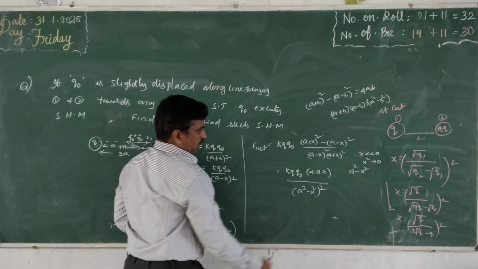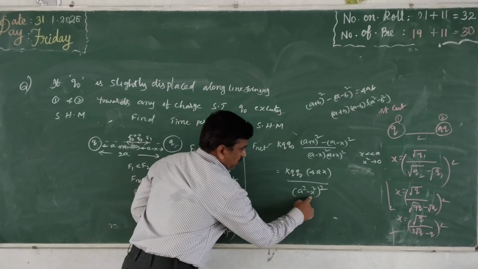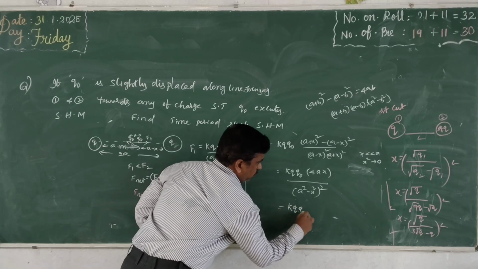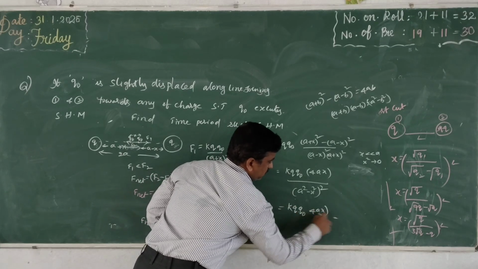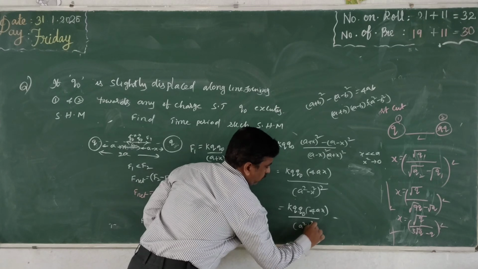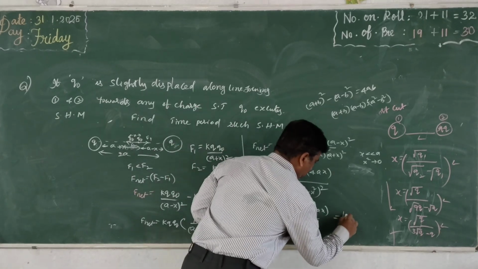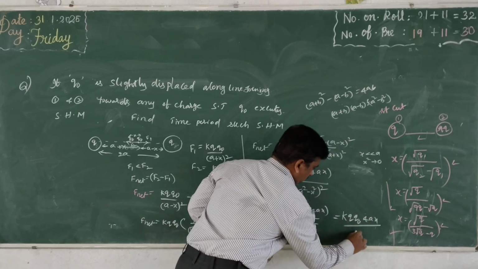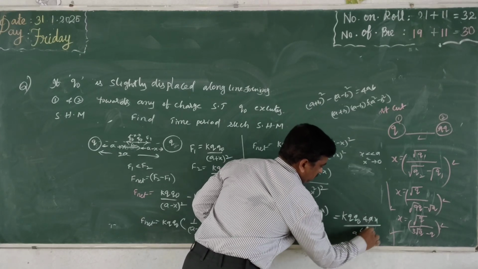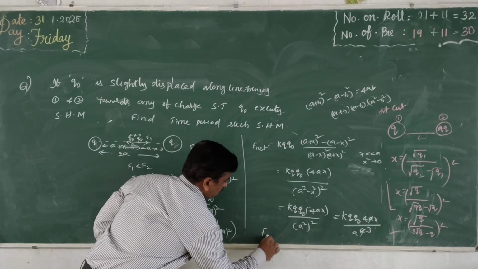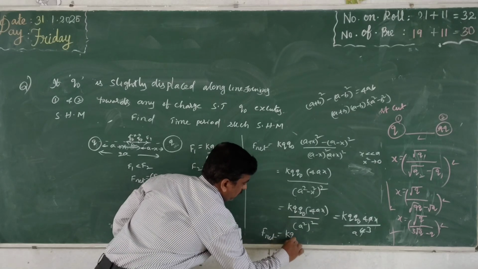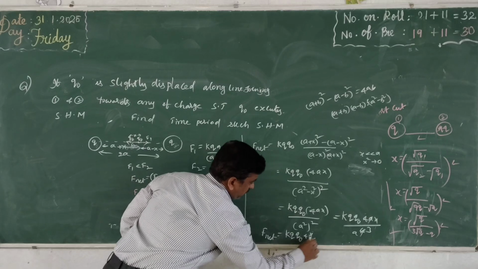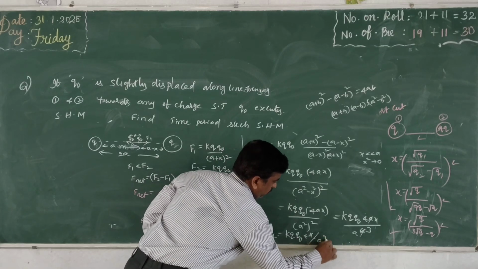So instead of x square we can write 0. So k q naught 4ax by (a square) whole square, which is k q naught 4ax by a power 4. One a cancels, and we get F net equal to k q naught 4x by a cube.